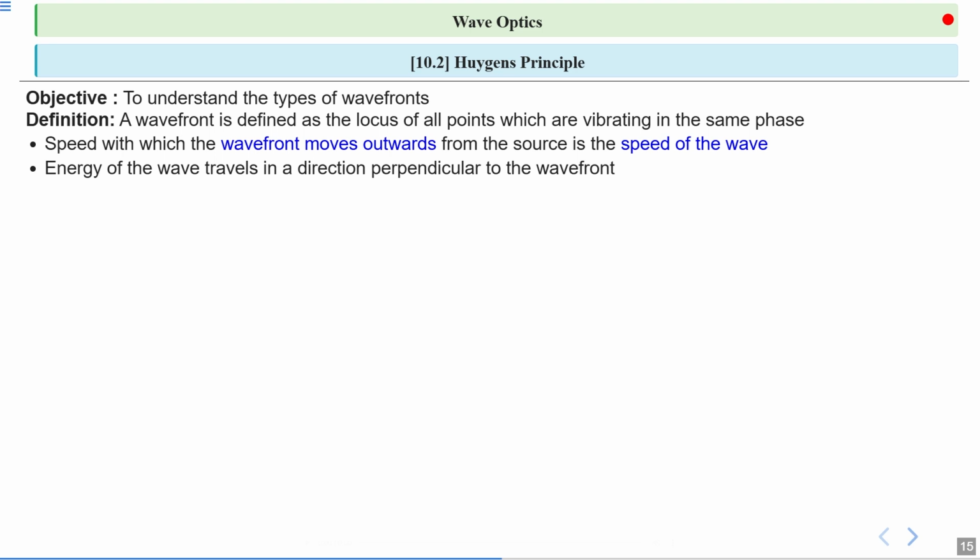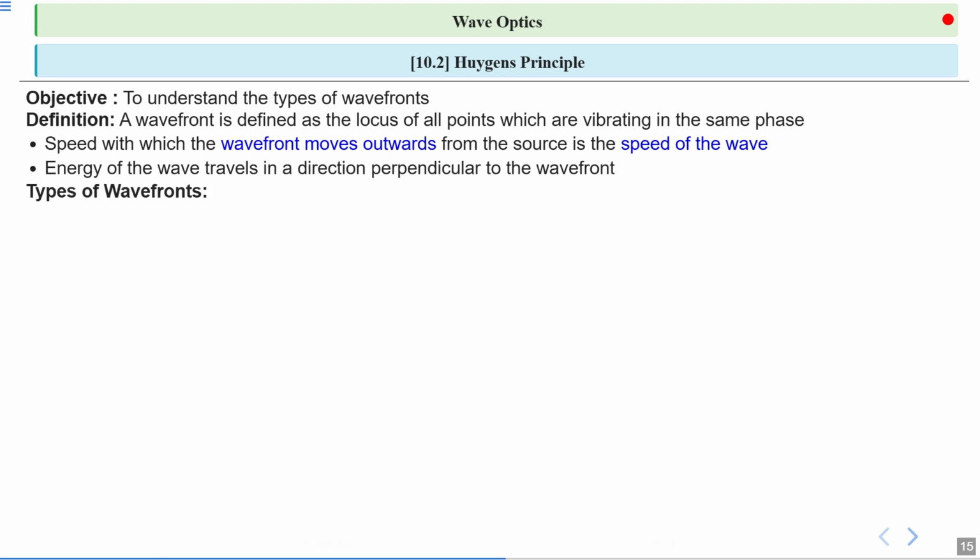So propagation of the wave is perpendicular to the wavefront. This perpendicular movement is a key characteristic of wave propagation and helps us understand phenomena like reflection and refraction.